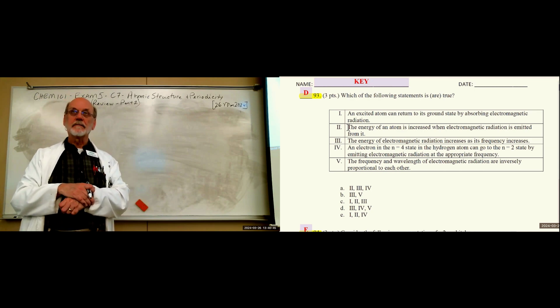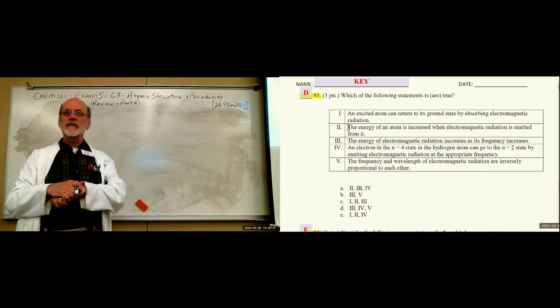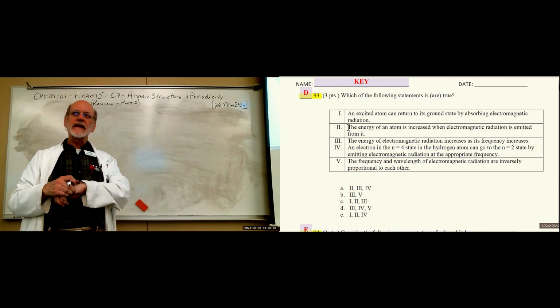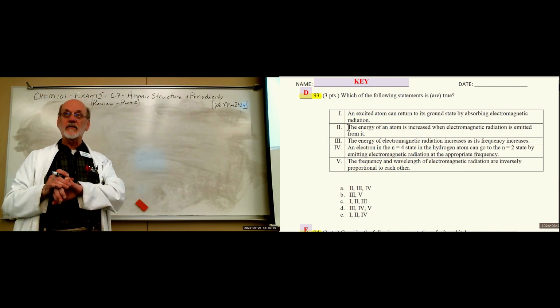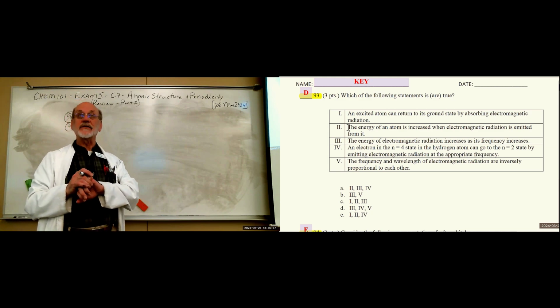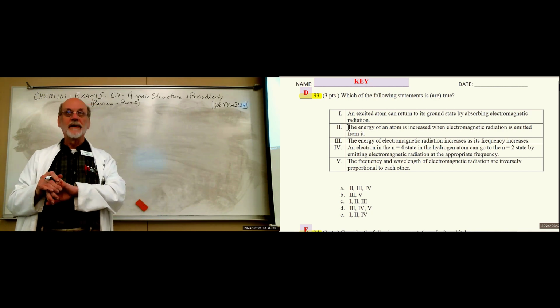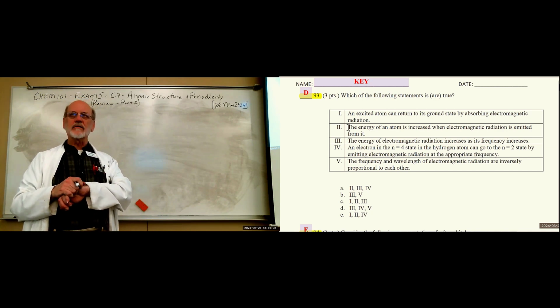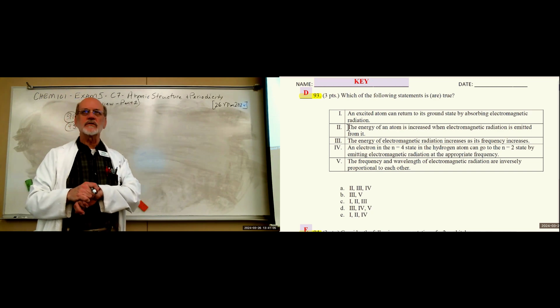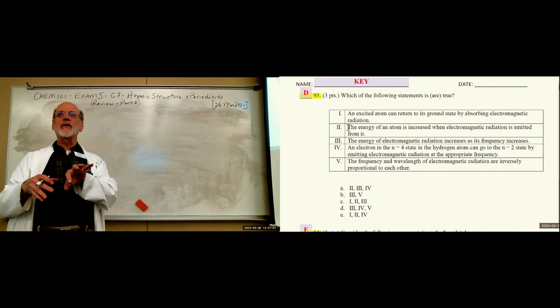So 3 is valid. An electron, number 4, an electron in an n equals 4 state in the hydrogen atom can go to the n equals 2 state by emitting electromagnetic radiation at the appropriate frequency. Yes, 3 and 4 are both true. How about 5? The frequency and wavelength of electromagnetic radiation are inversely proportional to each other.